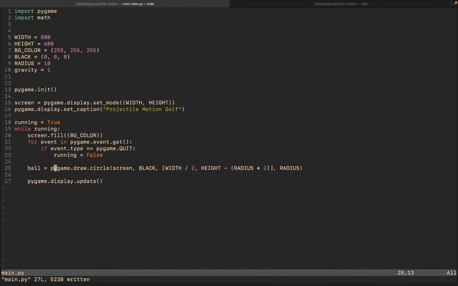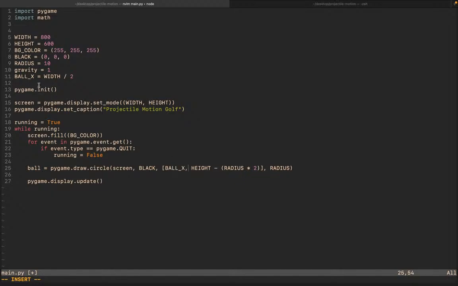Really what I need to do is change the ball's coordinates according to the gravity. So for that I need to set the ball x coordinates. So ball x should just be equal to the width divided by 2. So now here, instead of having some kind of a constant, we just set it as ball x.